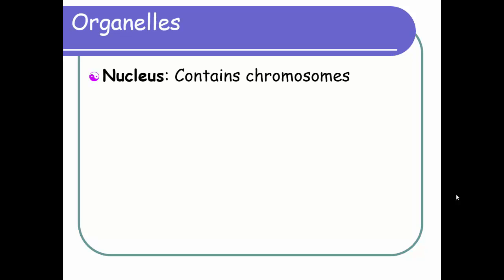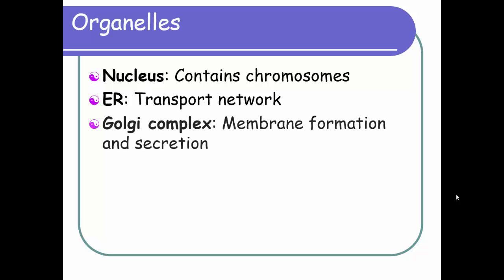Organelles found within the cytoplasm include the nucleus, which contains the genetic material of the cell, the endoplasmic reticulum, which is a transport network within the cell, and it's a membrane-bound organelle. The Golgi complex or apparatus is a membrane-bound organelle that's involved in membrane formation and secretion, storage of molecules within the cell.